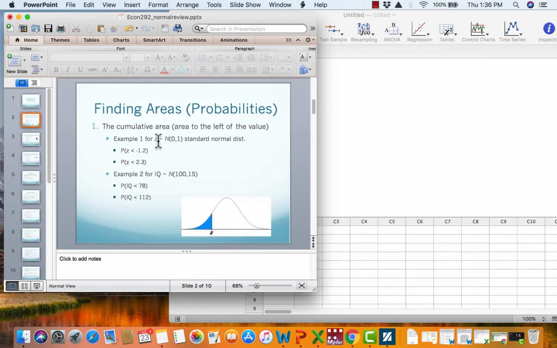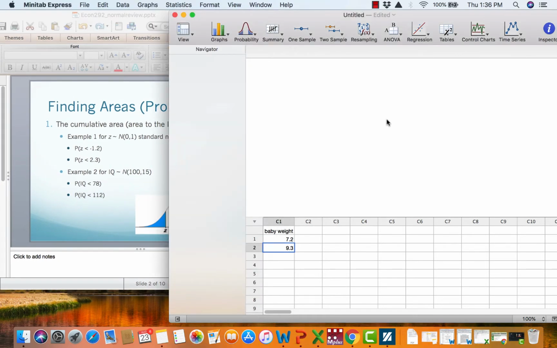The N means normally distributed with a mean of 0 and a standard deviation of 1. For our first problem, what is the probability that z is less than negative 1.2? So we want to find the probability that z is less than negative 1.2.